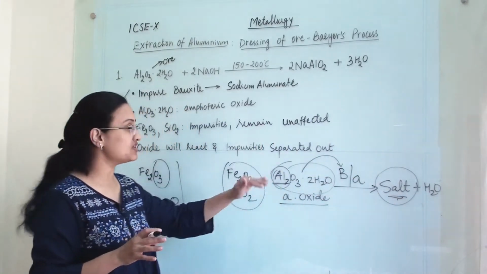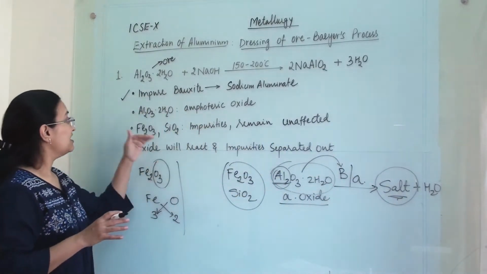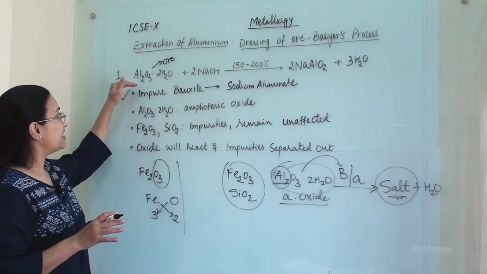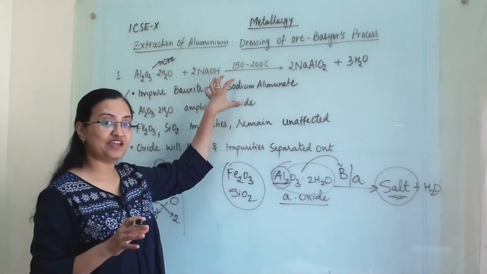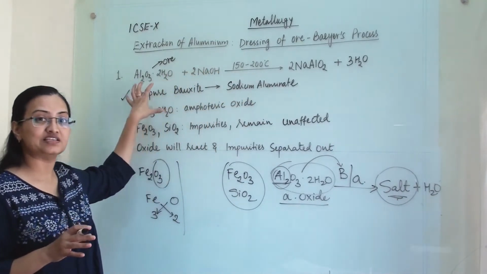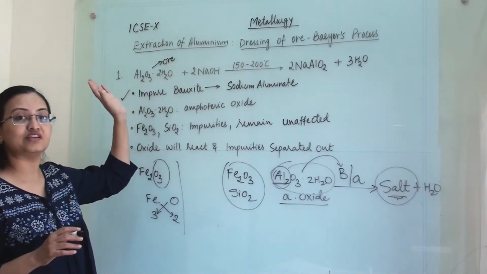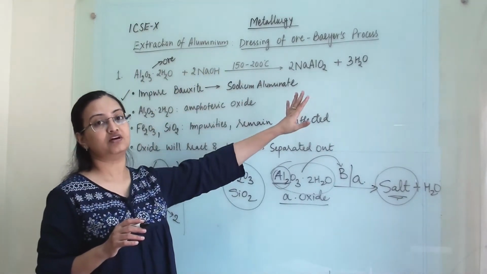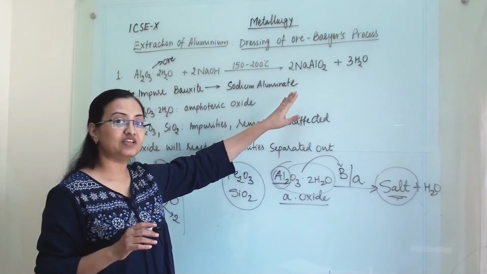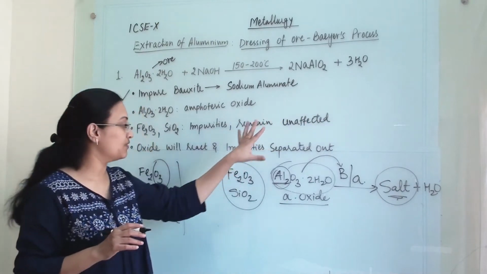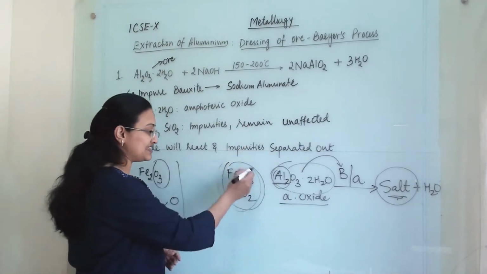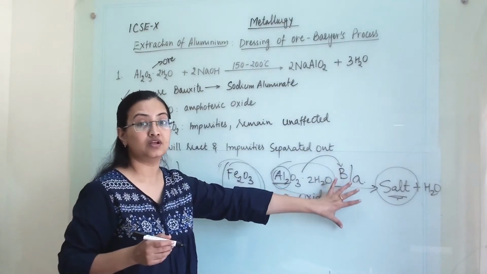So this is the first step of Bayer's process, in which we are converting our impure bauxite to sodium aluminate. And why is it happening? Because this oxide is an amphoteric oxide, so it will react with a base and give us a salt. What is the name of the salt? Sodium aluminate, and it will generate water. So our impurities will remain as they are and we will take out our salt.